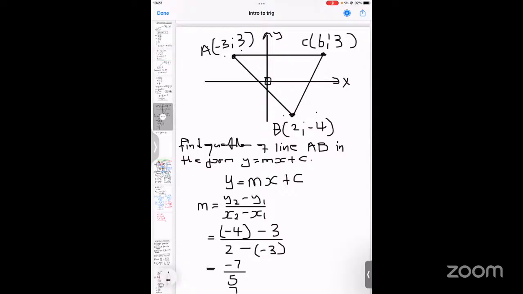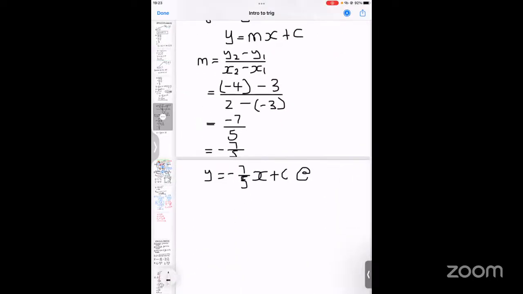Let me use point B. You can still use point A, it's fine. So point B is (2, -4). I don't have a specific reason why I chose point B, because it's not like one of them is easier.